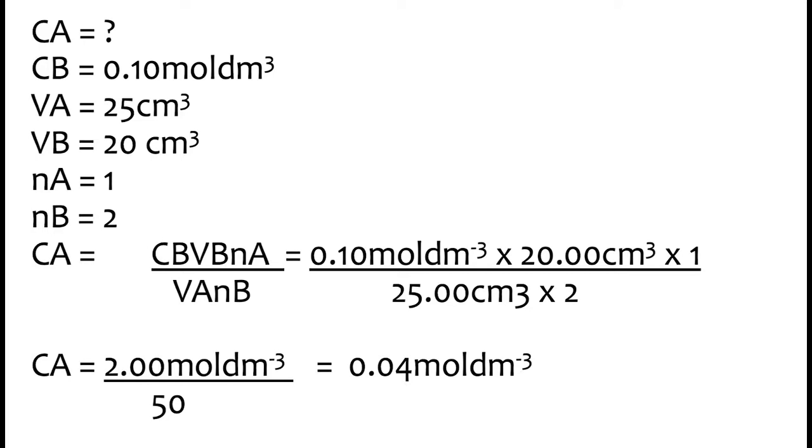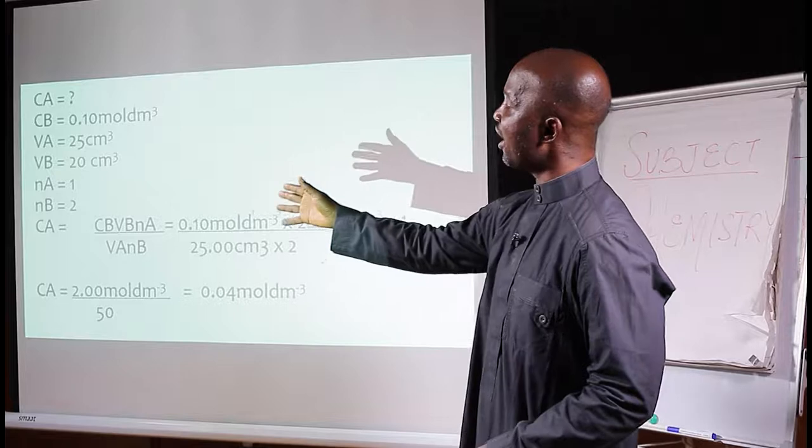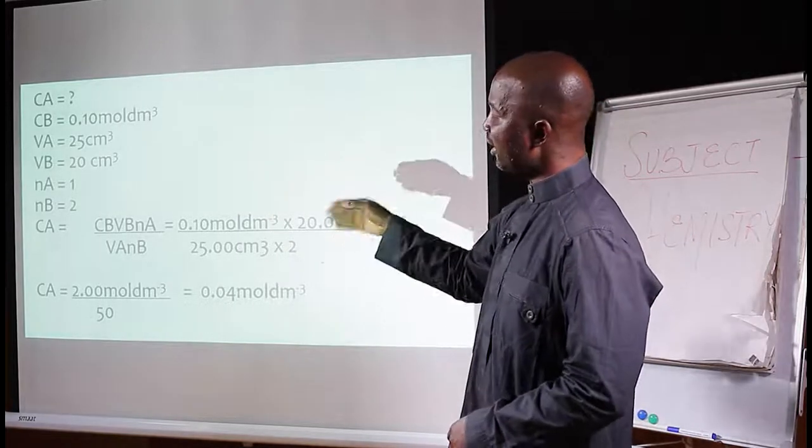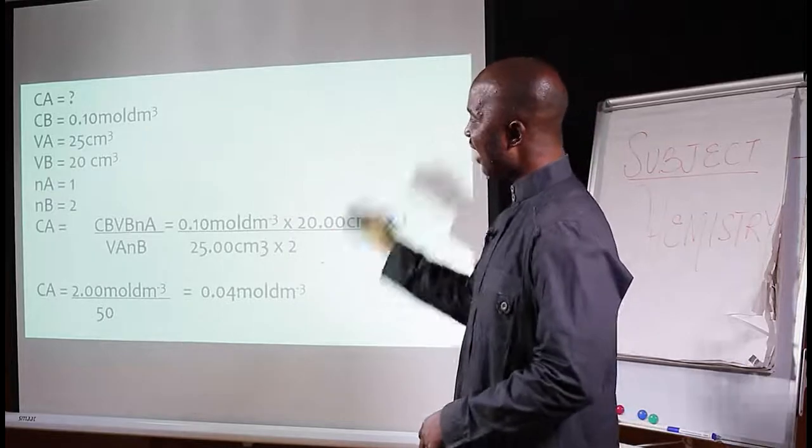VA is the volume of the acid at 25 centimeter cube. VB is the volume of base at 20 centimeter cube. NA is the mole ratio, the coefficient before the acid, which is 1. And NB is the mole ratio, the coefficient before the base, which is 2. CA is equal to CB VB NA over VA NB.